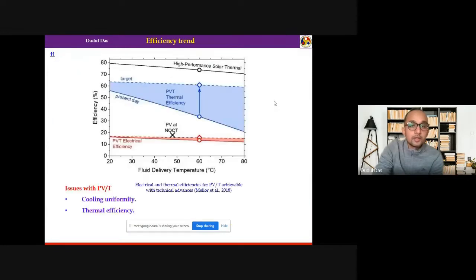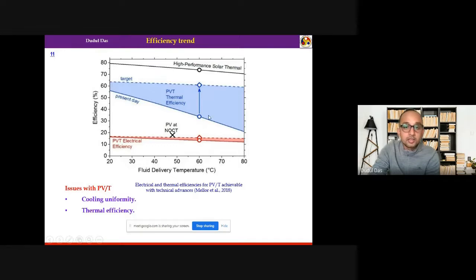Now if we look at the efficiency trend of PVT, the blue line tells us about the present day thermal efficiency of PVT, and this is the target that needs to be achieved in order to make PVTs compatible with the thermal collectors available in the market. So we need to close this gap.